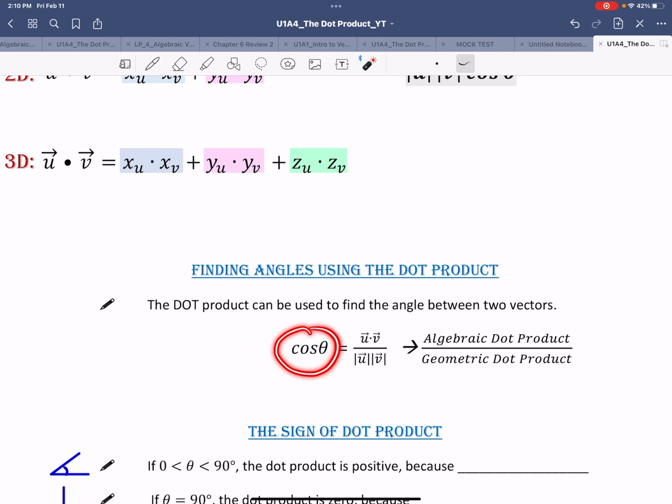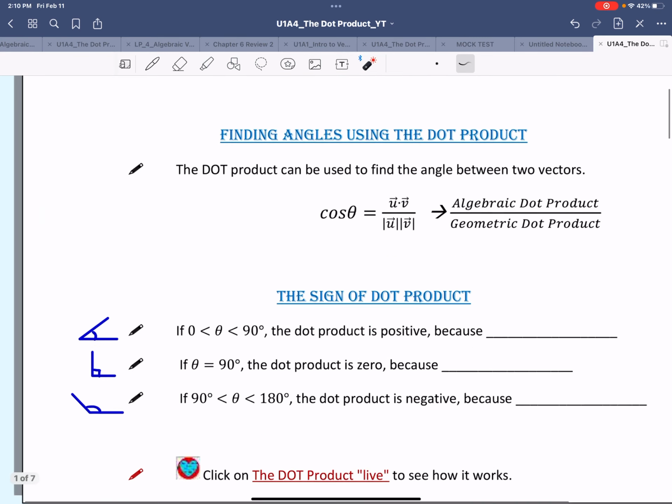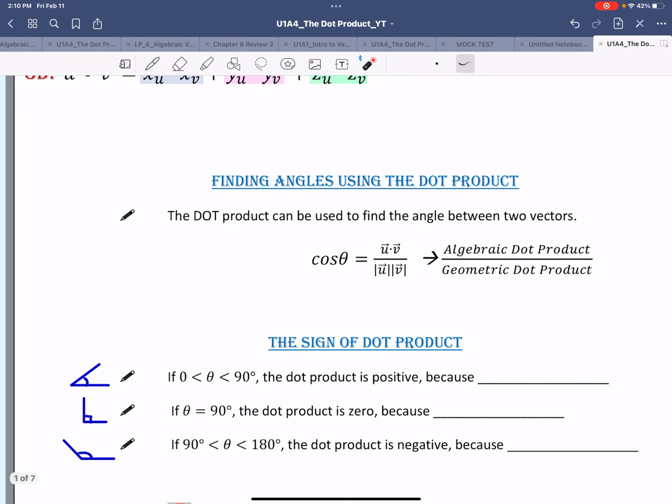For this, we find the cosine of the angle between them and use this very same formula, solved for cosine theta, which means you isolate it by dividing both sides by magnitude of u and magnitude of v. So as you can see, cos theta would be u dot v divided by magnitude of u, magnitude of v, which in other words is the algebraic dot product divided by this part of the geometric dot product without the cosine.